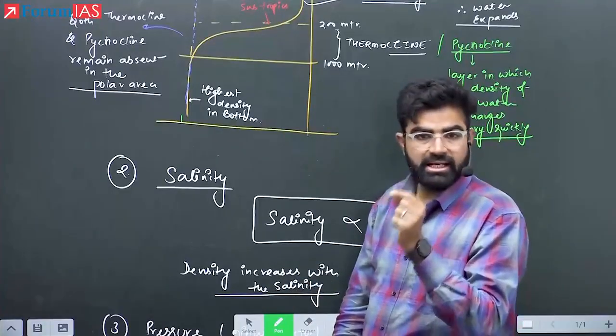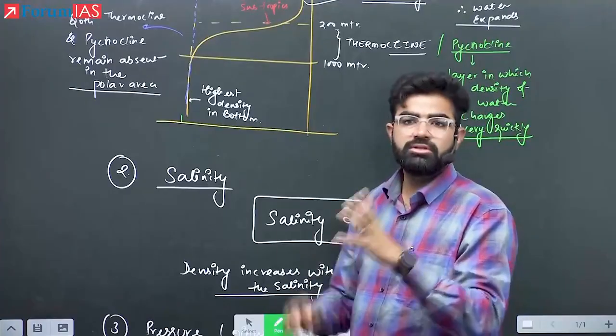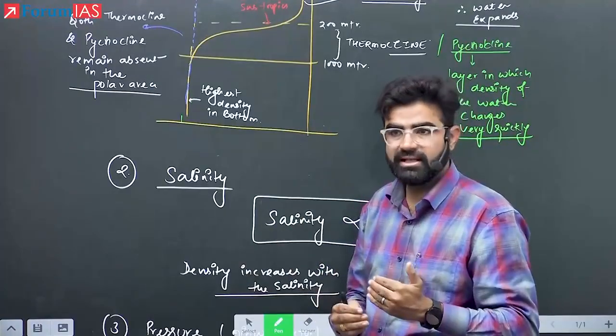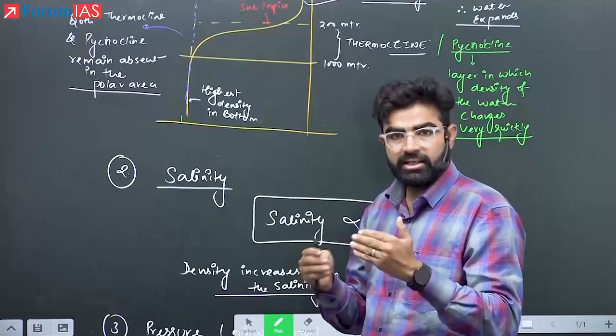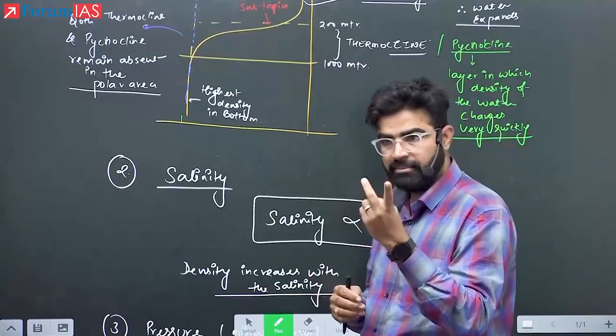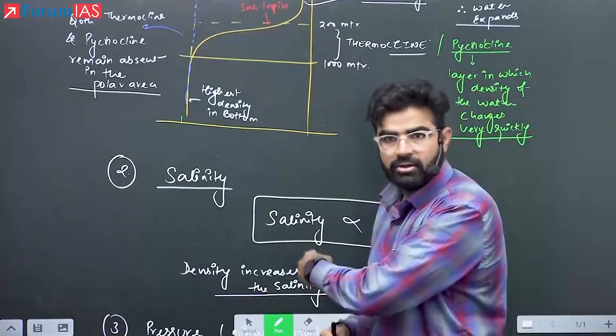Remember, this is only a minute factor. It's not the one which greatly controls the density. Density is greatly controlled by these two factors: one, temperature, second, salinity. This is only a minute factor.